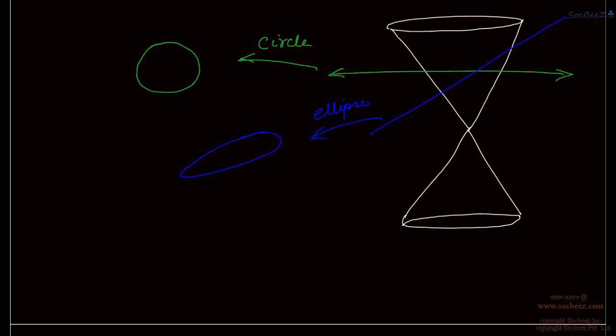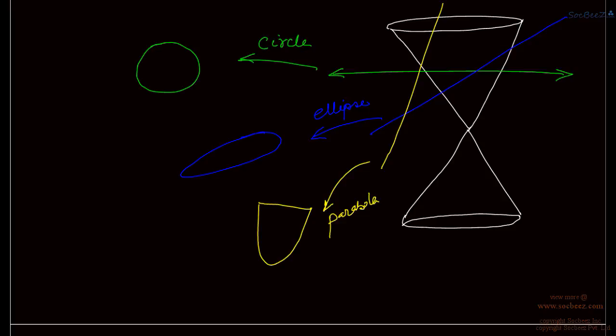Okay, if we cut this cone like this, then the cross section we will be getting is something like this, which is a parabola. Okay.